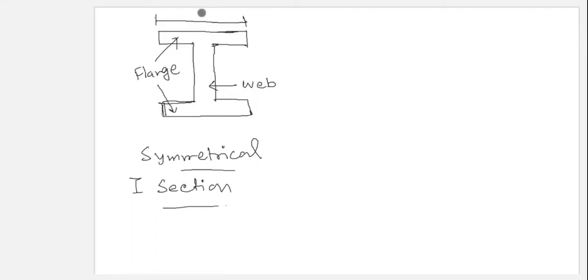What dimensions will we use? Say this is B, the outside width of the flange. The width of the web is small b. The height of the web is small d.